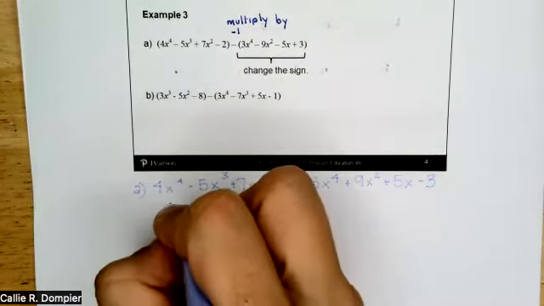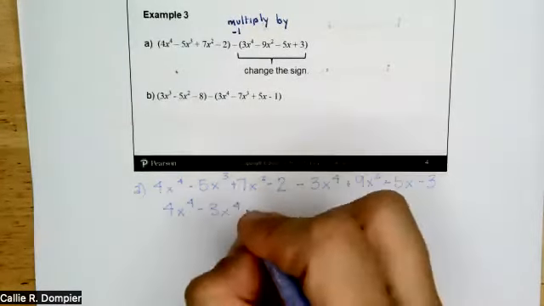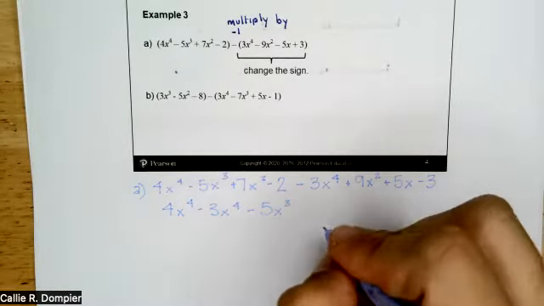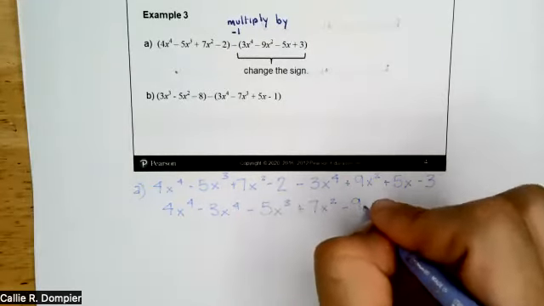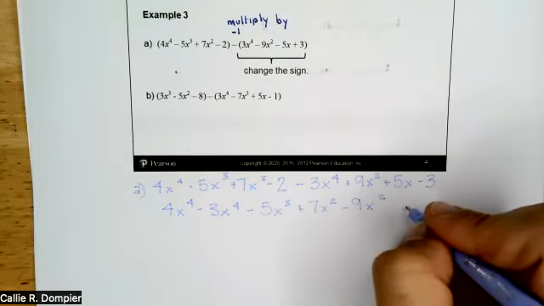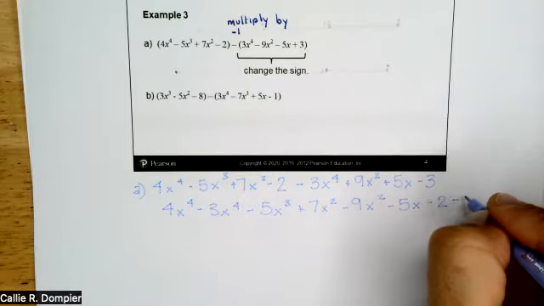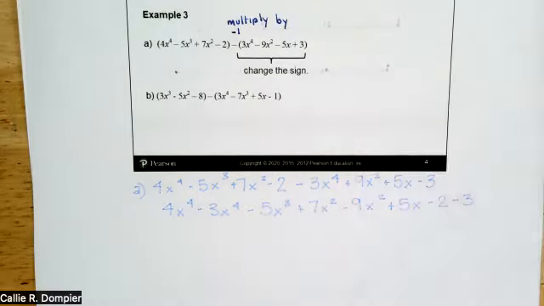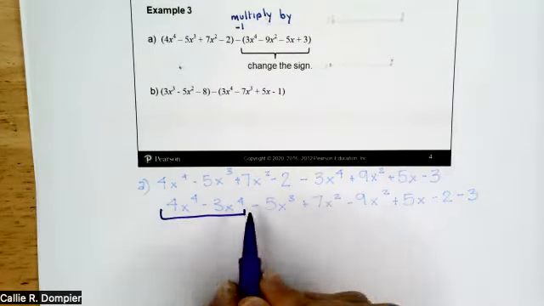So that becomes 4x to the fourth minus 3x to the fourth minus 5x to the third plus 7x squared minus 5x minus 2 minus 3. I already wrote that wrong because I was looking at the wrong one. Plus 5x. Combine those two.